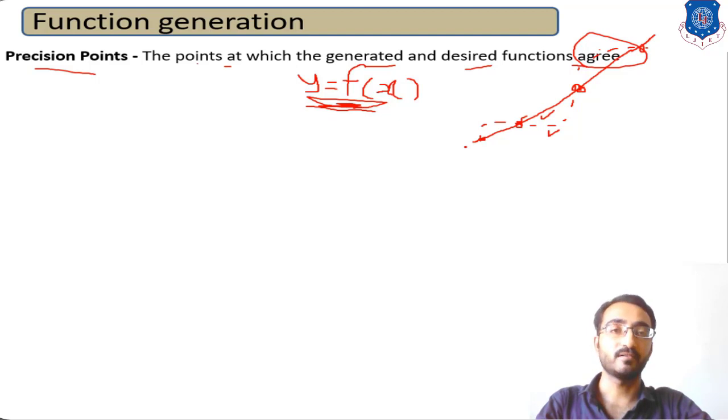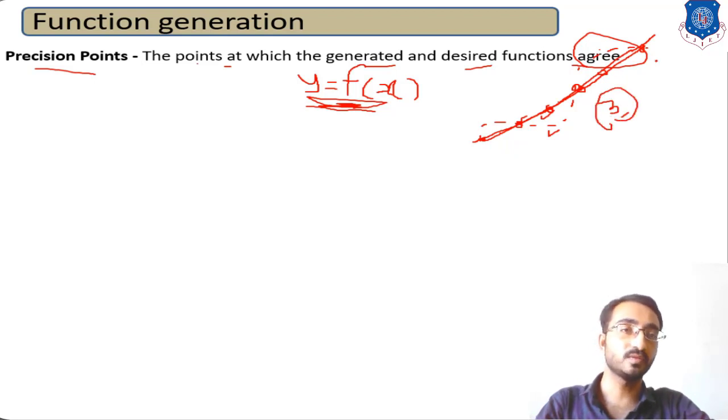These precision points are mainly decided by the designer. For example, when I am designing a mechanism, I have to decide how many precision points must exist between the desired and the generated function so that it will give smooth functioning. For example, at least a minimum of 3 points, or a minimum of 5 points, should be there.